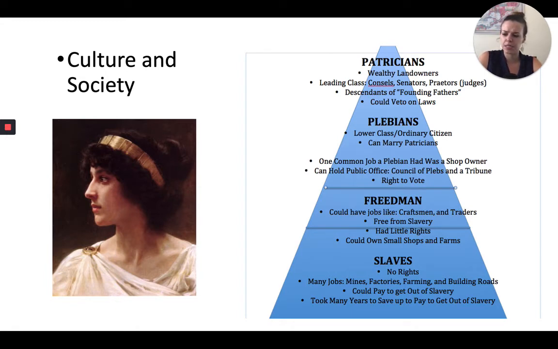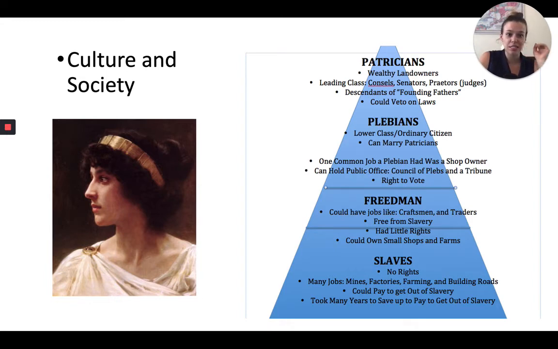Captives from war, served primarily in the home in big cities or in mines. But many slaves had close relationships with their owners, were trusted, and over time, you could hire your slave out. A slave could save up money and buy their own freedom.